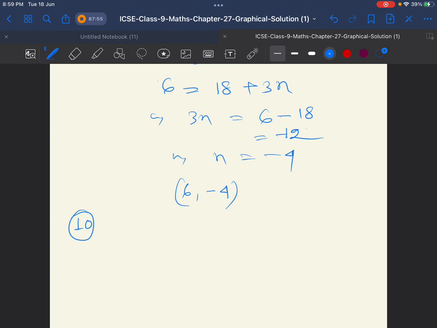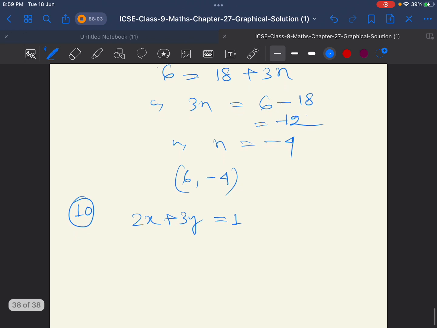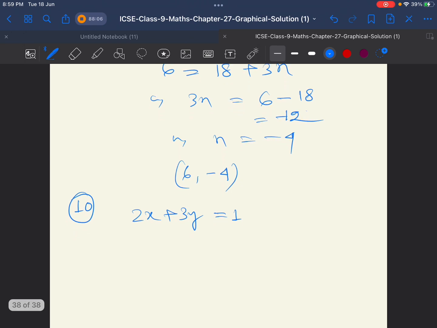Question number 10. Use the graphical method to find the value of k if (k, minus 3) lies on the straight line 2x plus 3y equals 1. Here we have to find the value of k if (k, minus 3) lies on the straight line, that is, lies on equation 1.